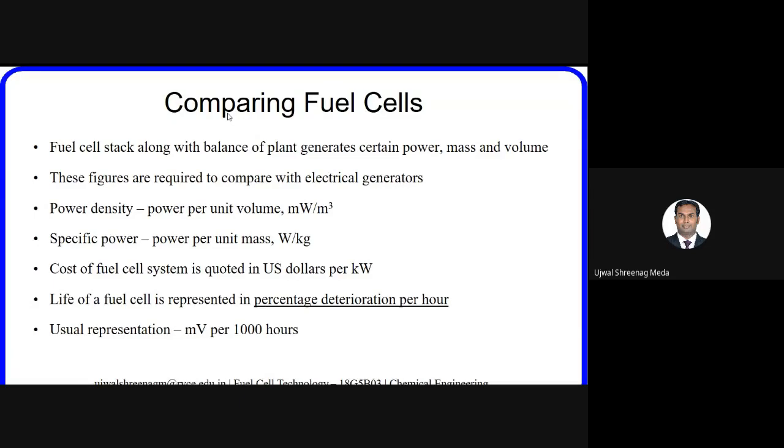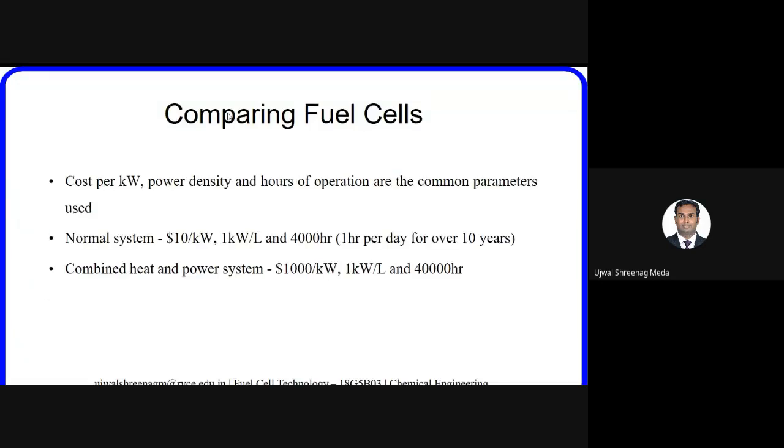Current density is always with respect to area, and power density is always with respect to volume, unit area and unit volume respectively. So keep that in mind. On top of that, it is the price per kilowatt, volume per kilowatt, and life cycle of the fuel cell. These are three terms that are used to speak about price of a fuel cell.